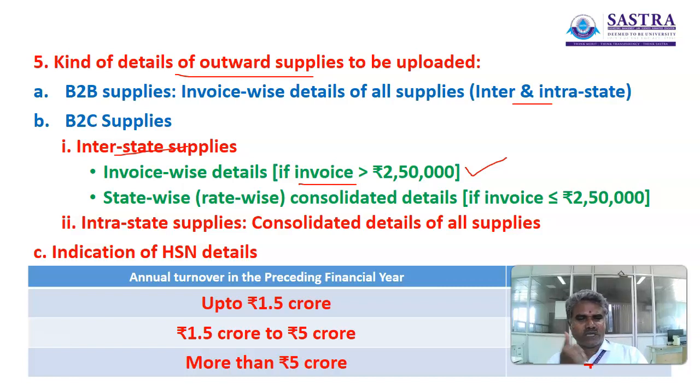But if your total sales is below 2.5 lakh, you need not give the details one by one. You give a consolidated figure. This month's turnover is 2.25 lakh, 2.40 lakh. But when your turnover exceeds 2.5 lakh, you have to give the details about the customers one by one.